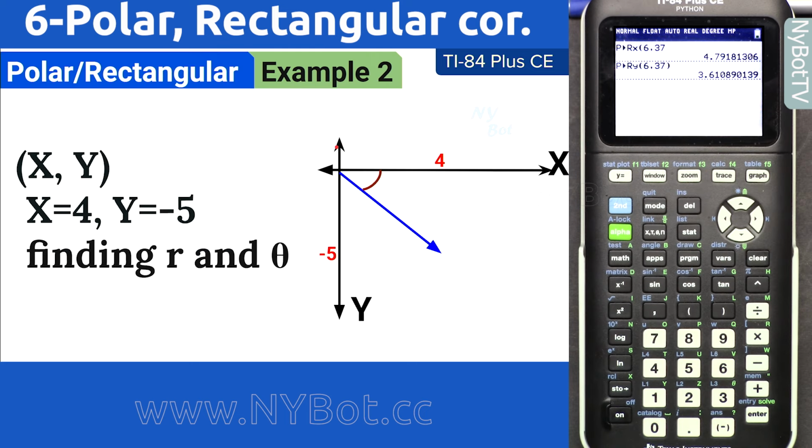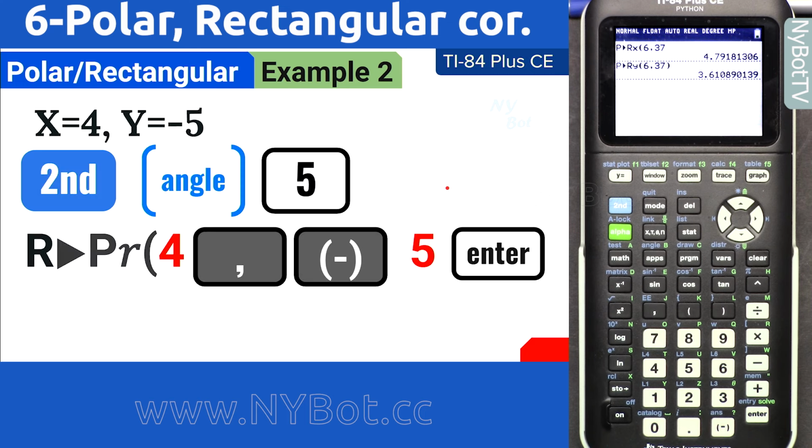Now example number 2, we have x and y, and we want to get theta and r, the magnitude or length of this vector. So r and theta are needed. You see x is 4 and y is -5, this is below the x-axis.